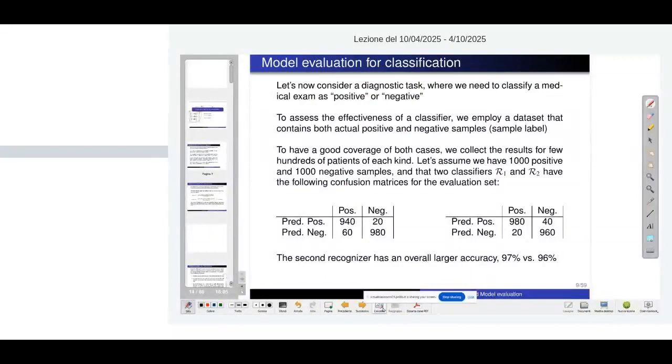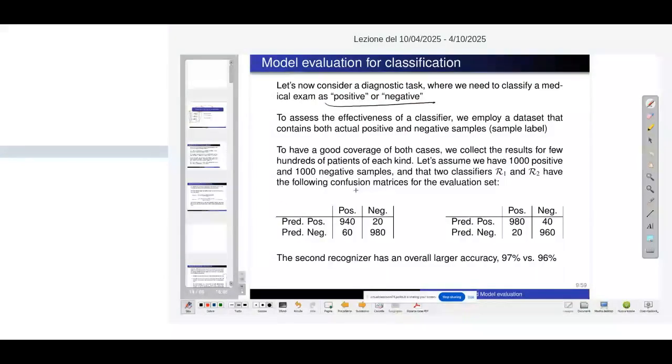We see that as we change the class prior and as we change the cost of errors, we have two competing systems, and depending on the prior information and the cost of errors, we will end up choosing a different system as the best one. The example is again the health prediction, the diagnostic system.